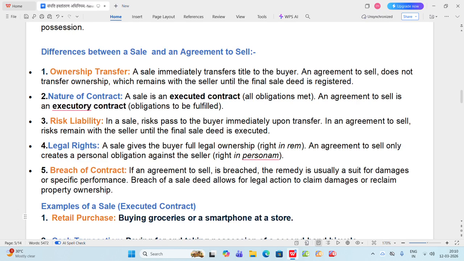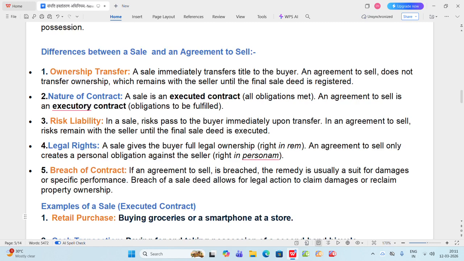But an agreement only creates a personal obligation against the seller. As the buyer is purchasing a property, it creates only a personal obligation against the seller. How? Because some of the conditions have not been fulfilled by the buyer, so he has the right in personam, personal right.